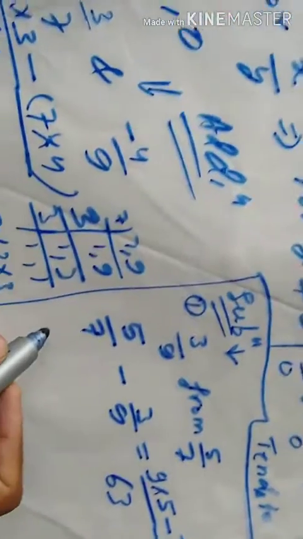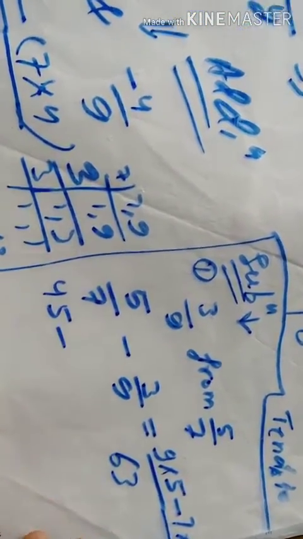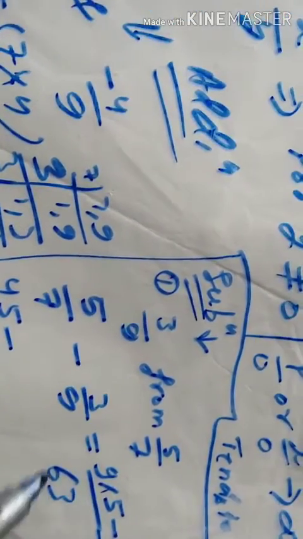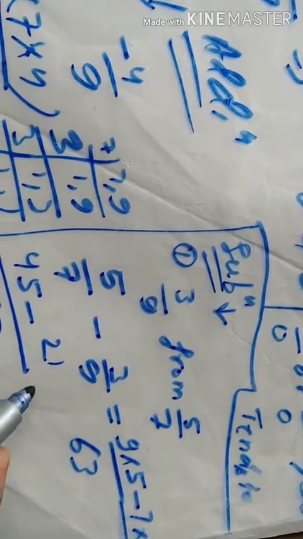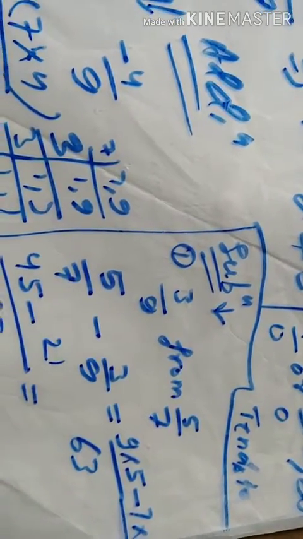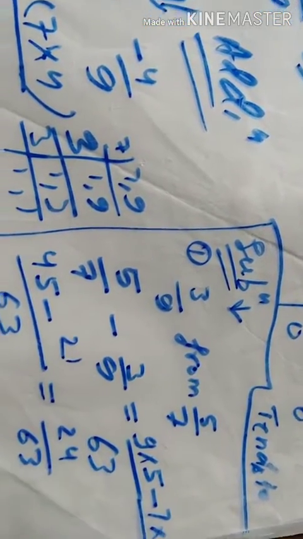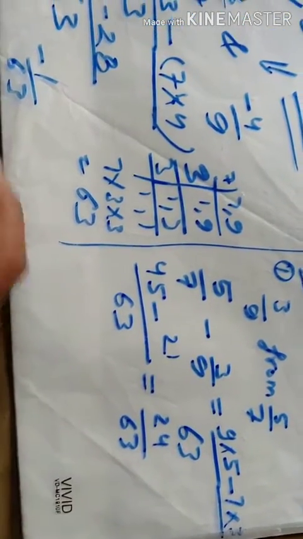So this is 9 5 ja 45 minus 7 3 ja 21 upon 63. Again it is 45 minus 21, so it will become 24 by 63. So this is the way to represent it.